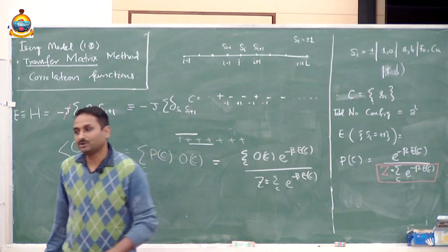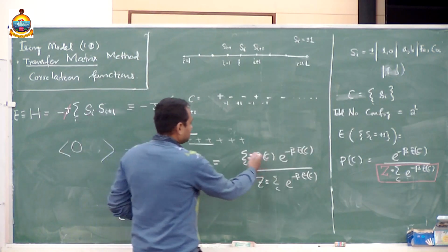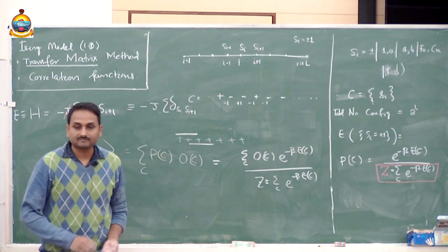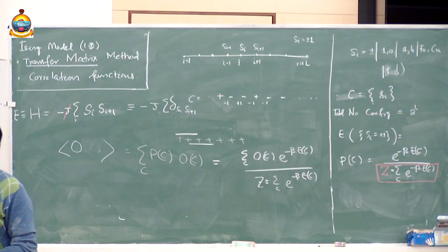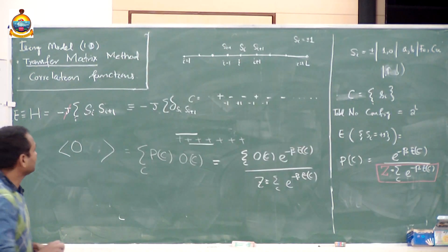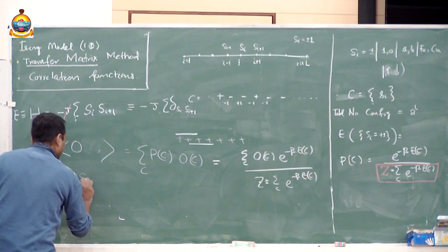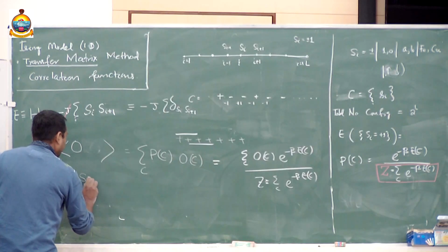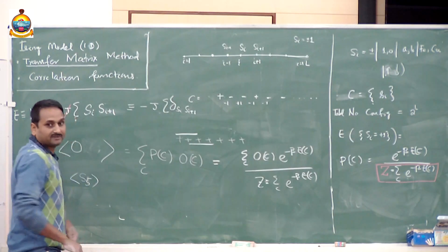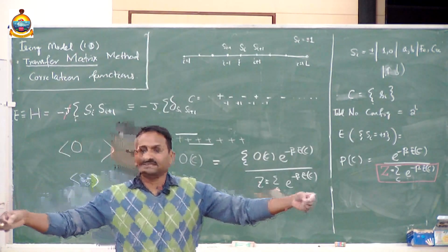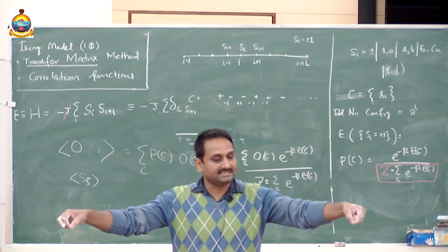Okay, so that's what your observable is, divided by Z. Now let us try to calculate a very simple observable. Let us say the observable is summation over S_i, say S5. So you have an Ising chain, and that whole system is kept at a temperature T.